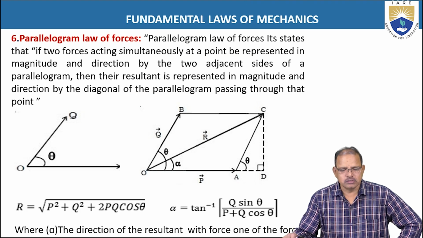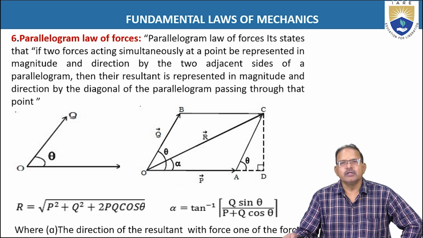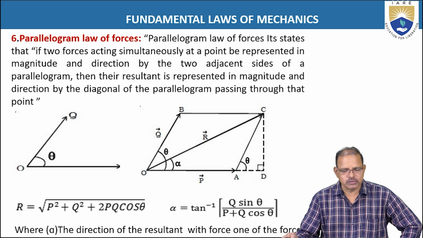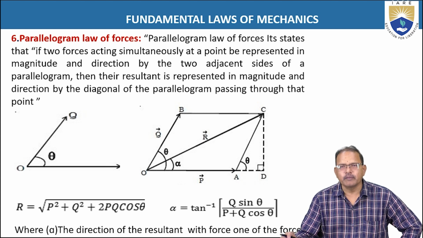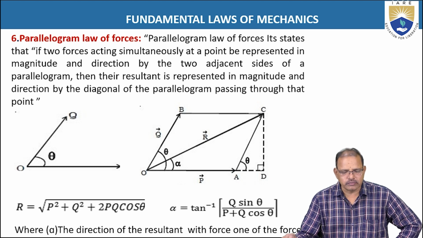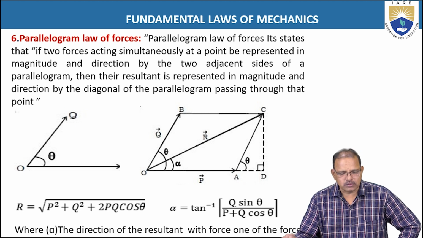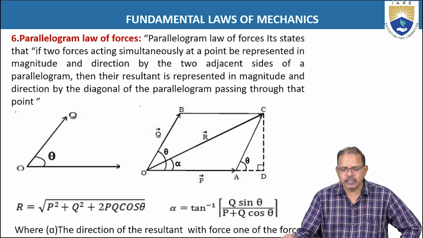Parallelogram law of forces. This law is useful for determination of the resultant of two forces acting on a body. It states that if two forces acting simultaneously at a point are represented both in magnitude and direction by the two adjacent sides of a parallelogram, then the resultant is represented in magnitude and direction by the diagonal of the parallelogram passing through that point.